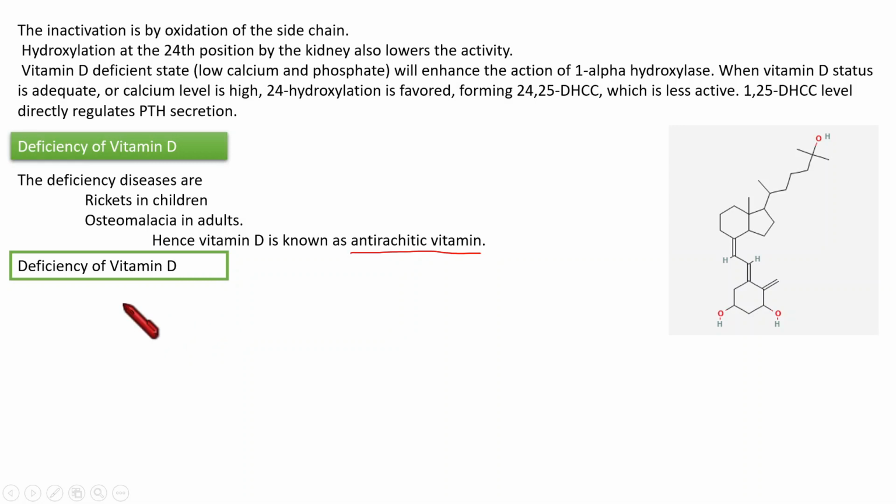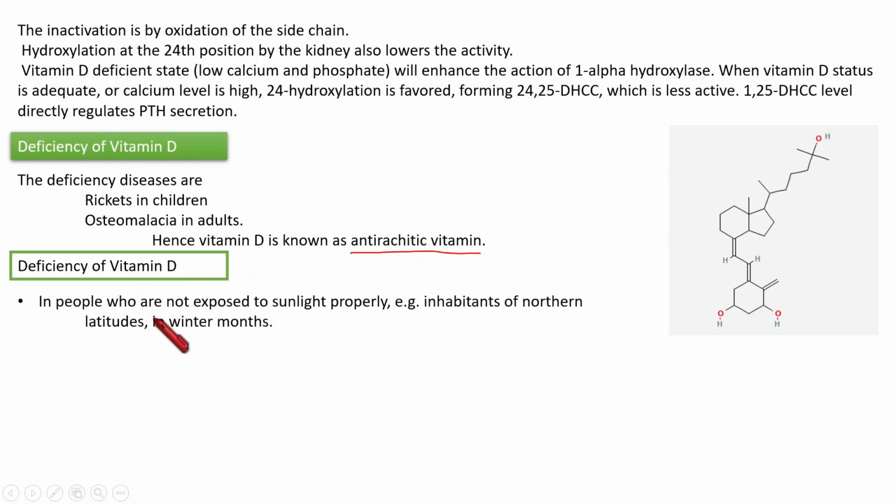Okay, next we are going to see how the deficiency of vitamin D happens. In those people who are not properly exposed to sunlight, they have the chance to develop low vitamin D in their body.